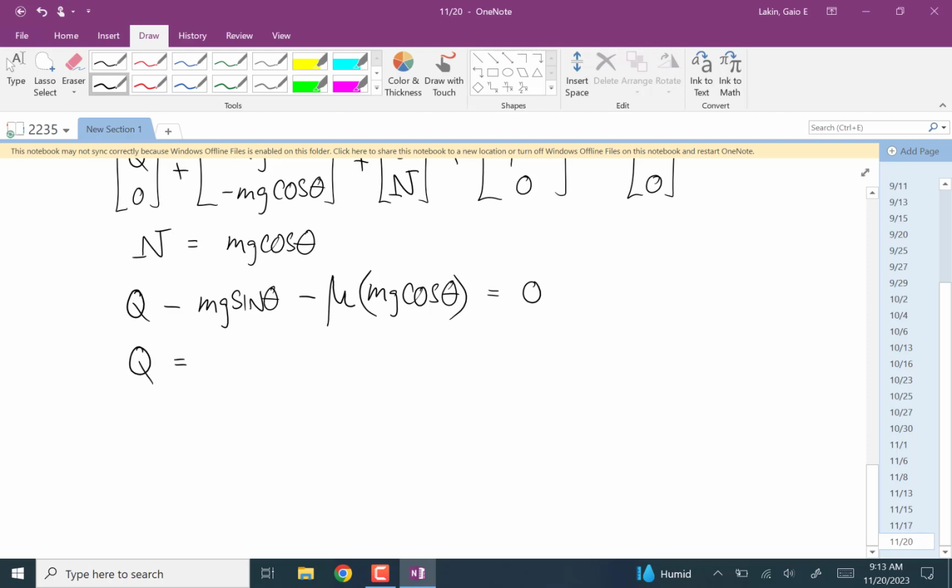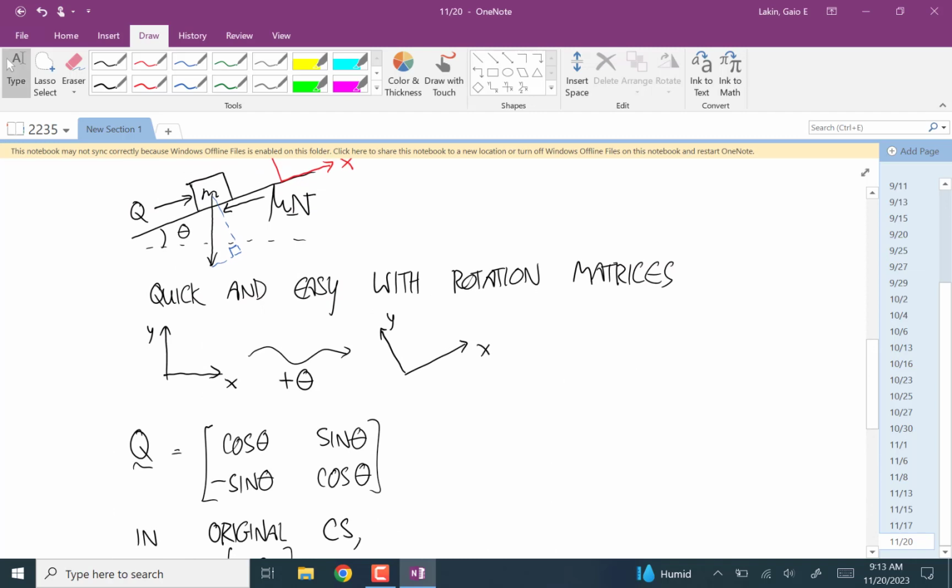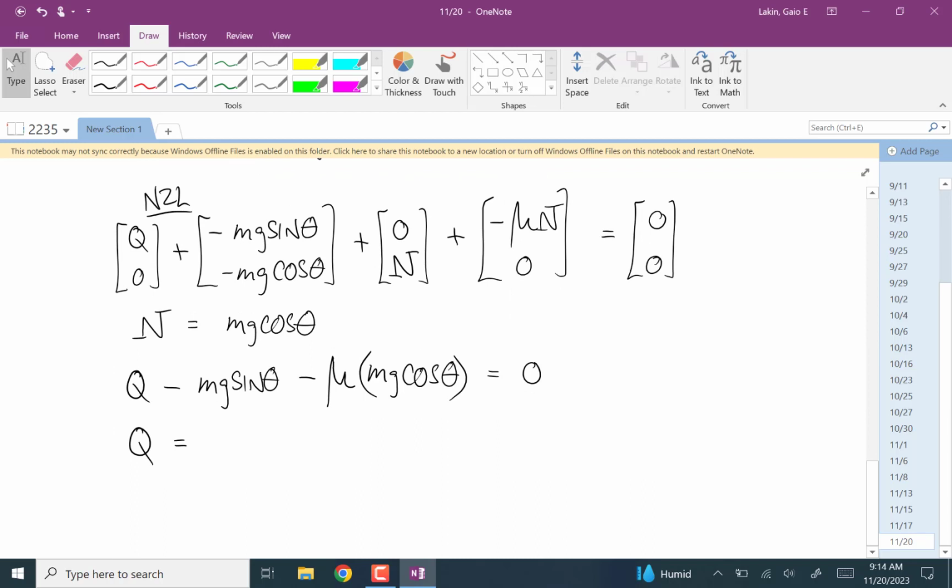And so if you're trying to figure out the force Q that you have to apply in order to push this up the ramp, you'd get an answer of mg times sine of theta, mg, no, I guess that's a plus in this case, mu times the cosine of theta. Okay, so that's the kind of calculation you did.